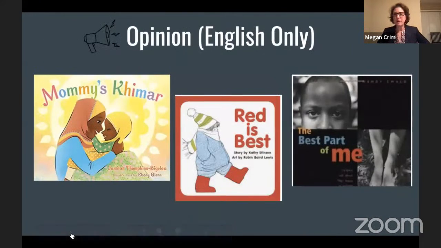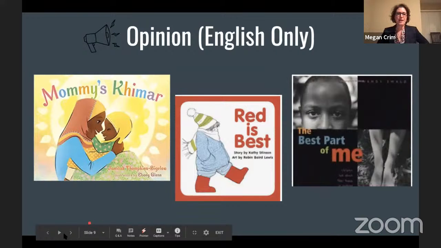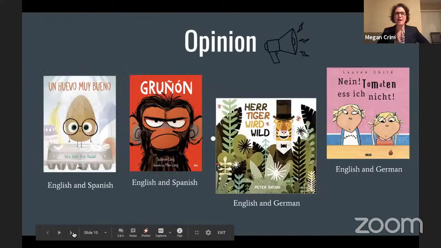Reading books, opinion writing. These are all English only choices. We've read in the classroom, Read is Best. And then we have more opinion writing in multiple languages, which has so much value.